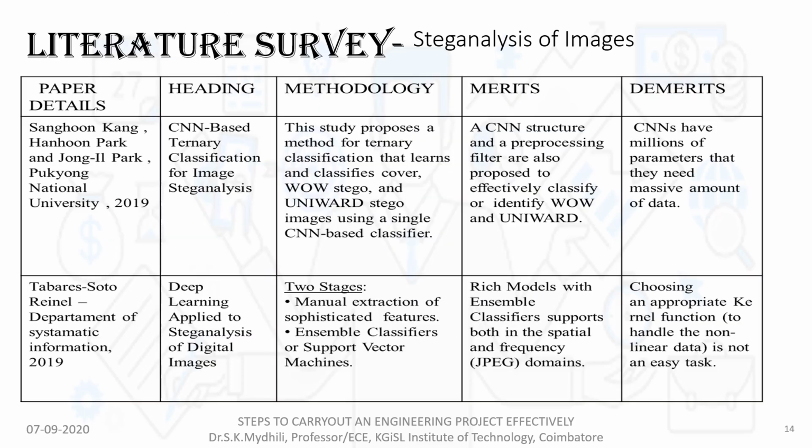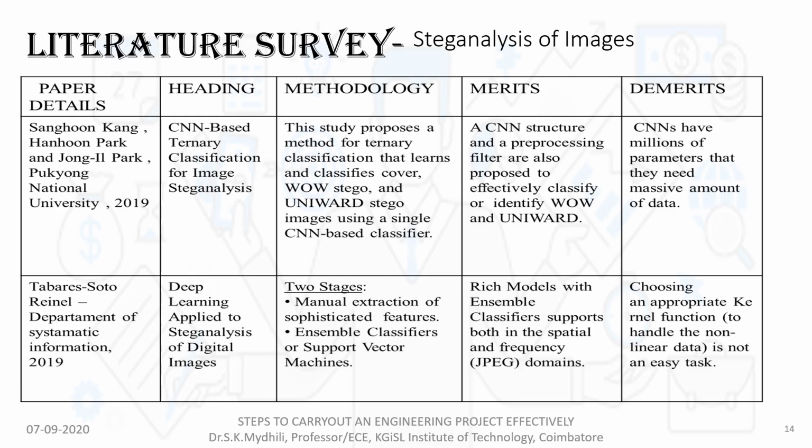And next is how I recommend doing a literature survey and making a note of it. So make columns like this: paper details or titles with the author name and the heading of the paper, and write about the methodology followed in that particular paper, specify the merits point-wise, and specify its demerits.